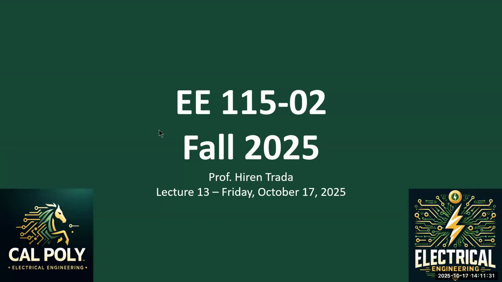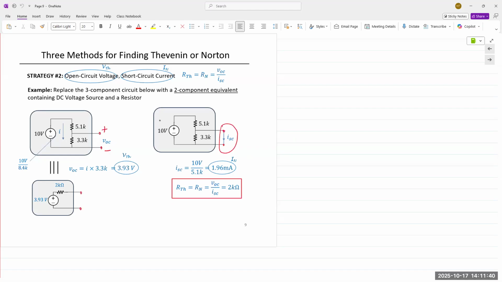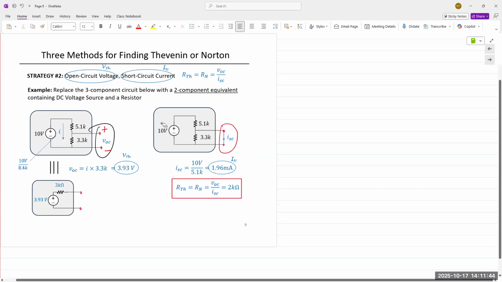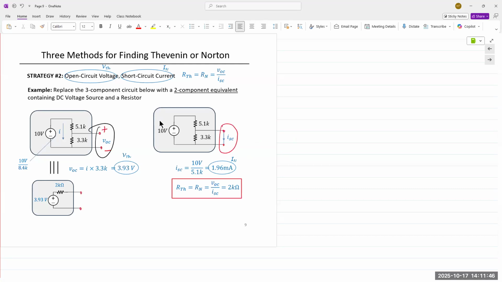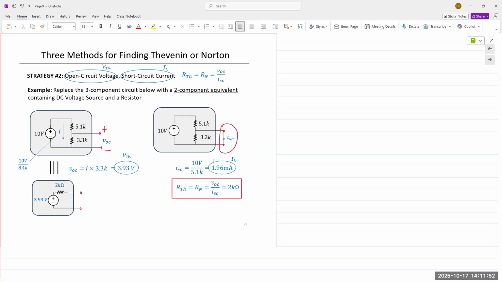So you're looking at this circuit, and we talked about finding the Thevenin voltage and Norton current by measuring the open circuit voltage at these terminals, and then short circuiting the terminals so that current flows through the terminals. And then the current that's flowing there, the short circuit current, is our Norton current.